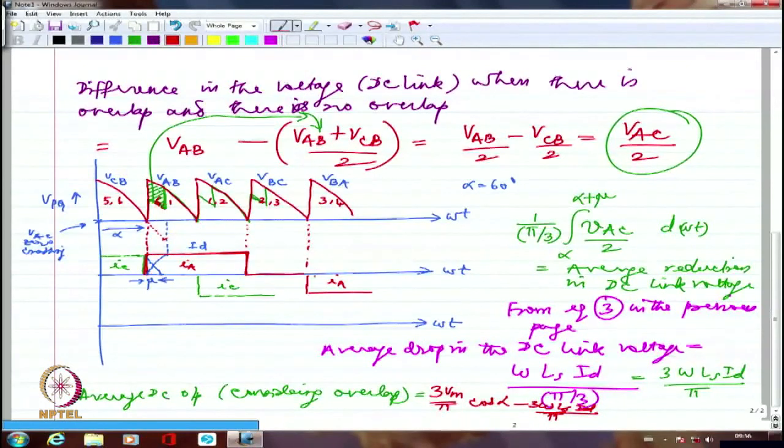You remember, I always had a 120 degree positive current, a 60 degree zero current interval in between, another 120 degree negative current, and then again another 60 degree dead interval. But now, because of the overlap, I am going to have this current extending.